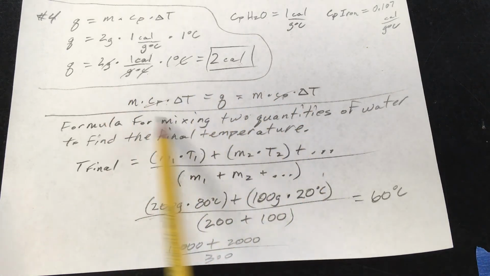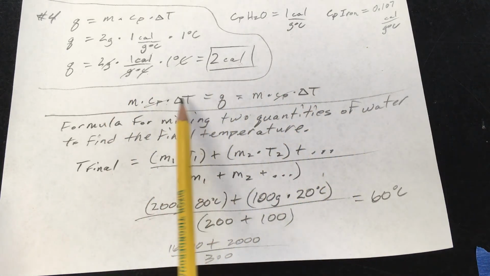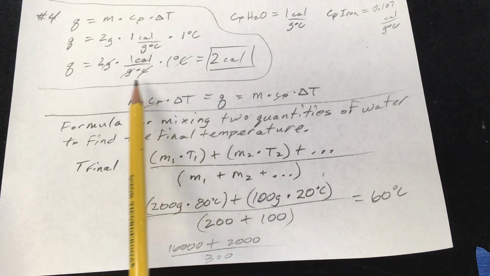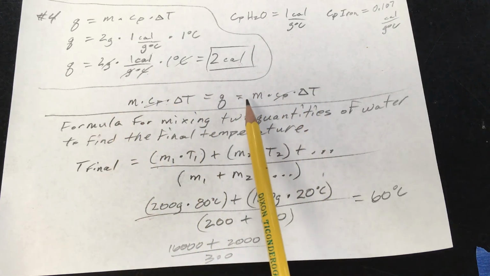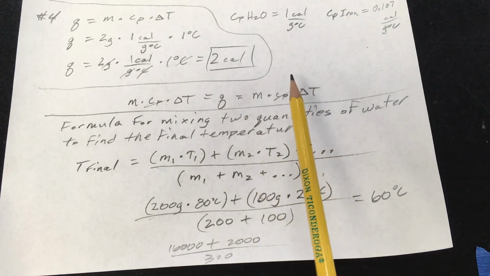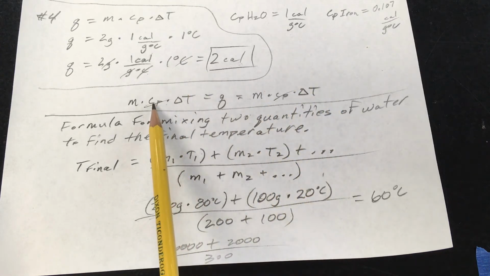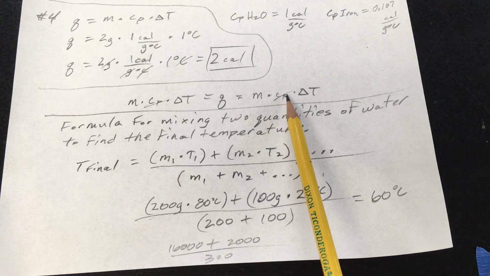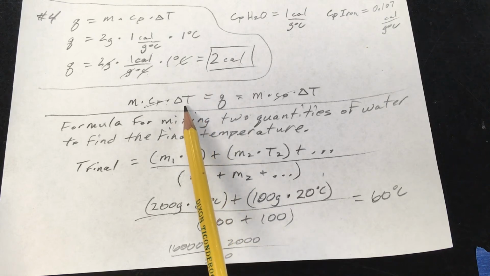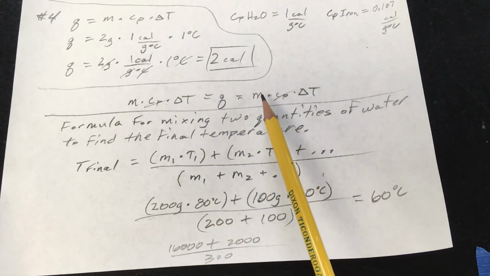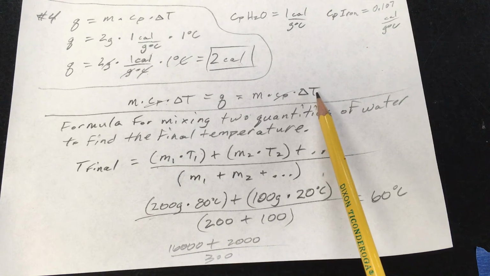So this equation is telling us that the heat lost from the hot block is equal to the heat gained by the cold block. If the specific heats are the same, then all that determines the final temperature is the mass and temperature change of the hot block and the mass and temperature change of the cold block.